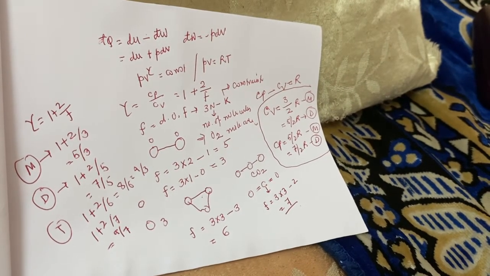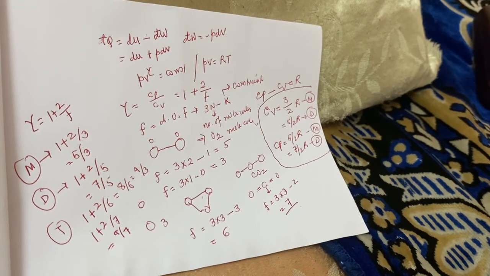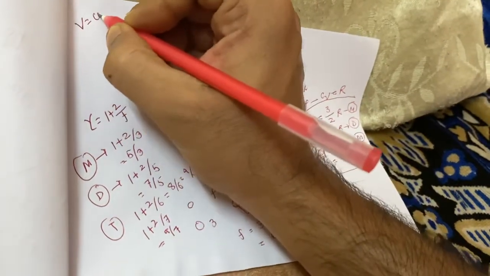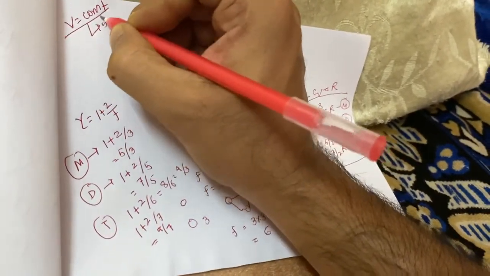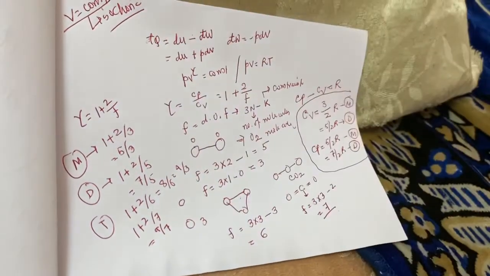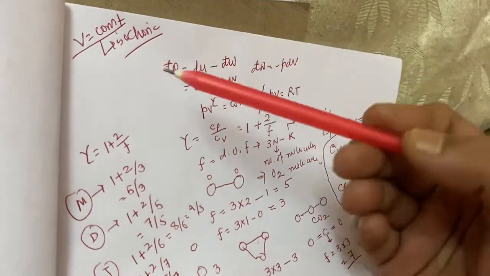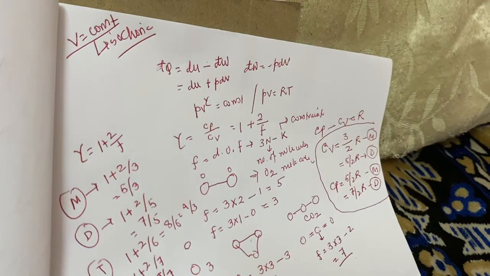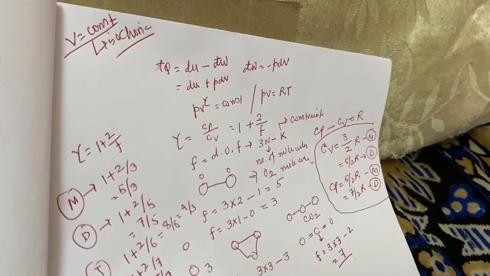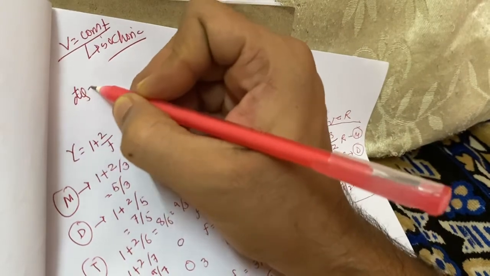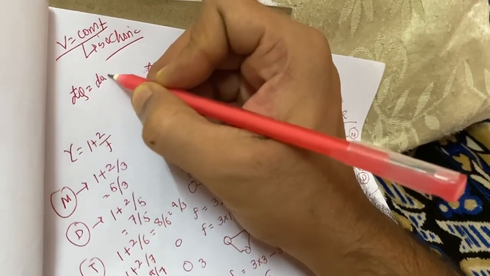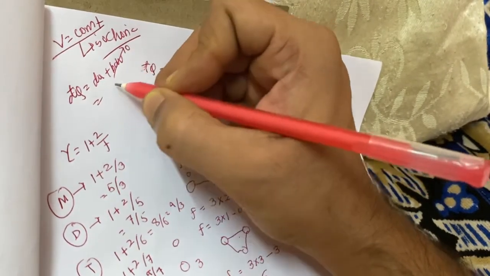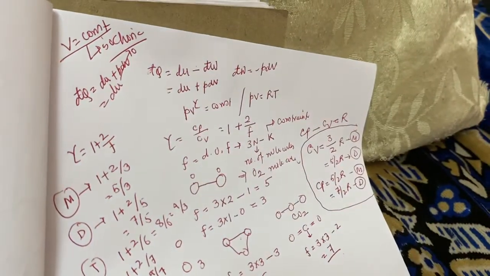Now, suppose we are doing the experiment in an isochoric process. So, in an isochoric process volume remains constant. So, we are doing the experiment for an isochoric process, that means V is equal to constant. The V is equal to constant, so dq is equal to du plus p dv. Volume constant means that this term is 0. So, dq is equal to du.